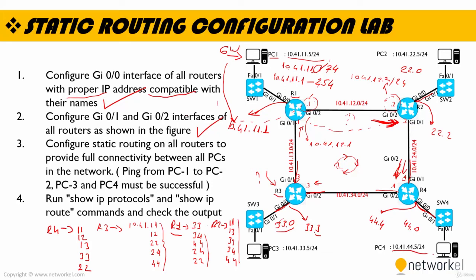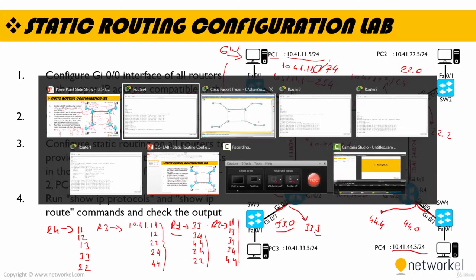PC1's IP address is 11.5 and PC4's IP is 44.5. Let's go. Please work.